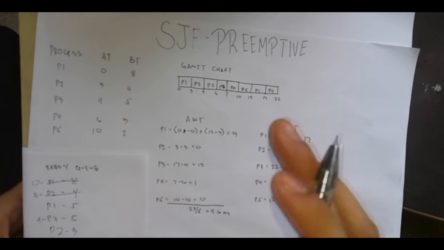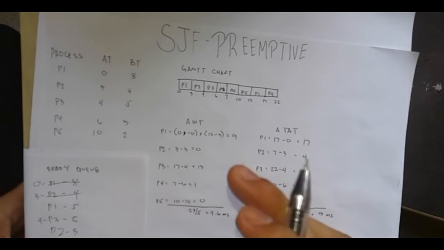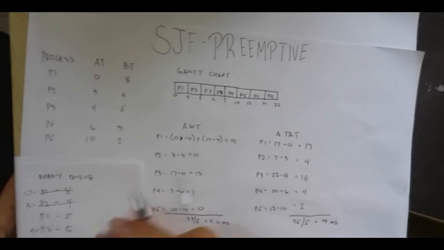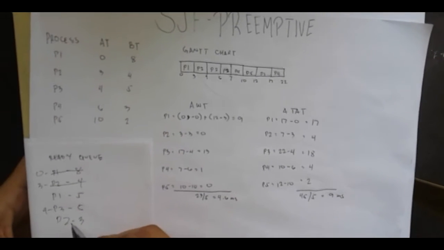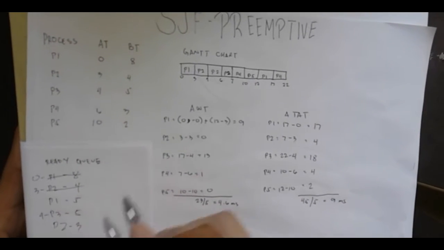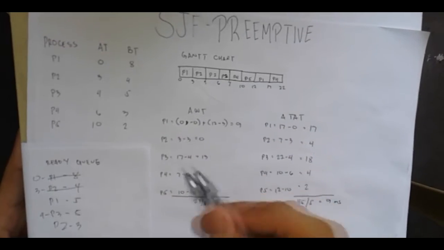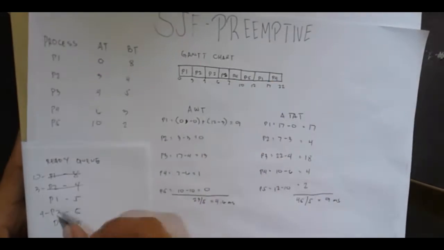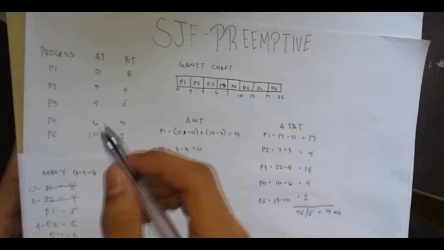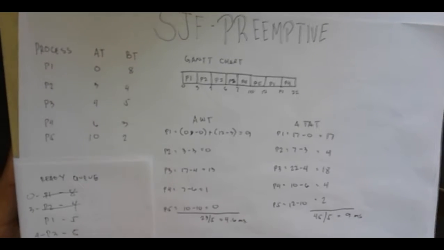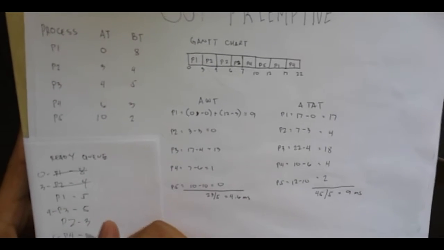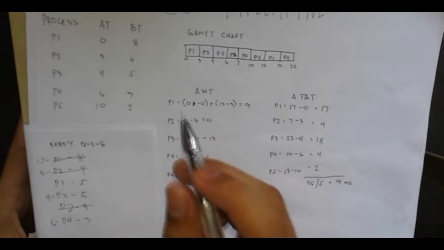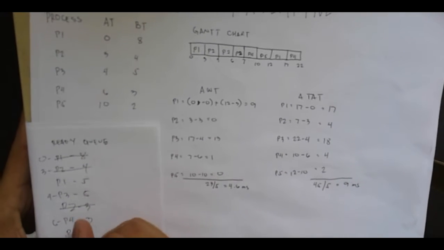At time 4, P3 has arrived, but P2 has lower burst time than P3, so P2 will run again. At time 6, P4 has arrived with a burst time of 3, and P2 will be preempted at time 6 with the remaining time of 1.